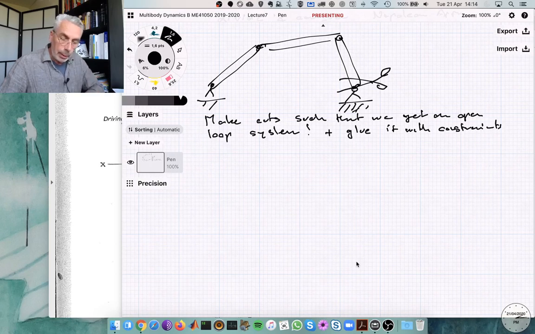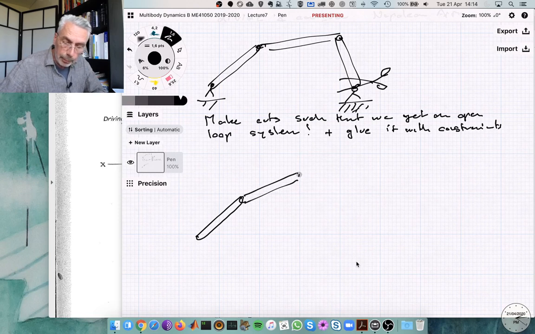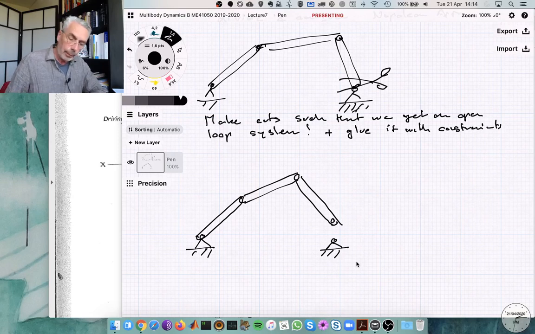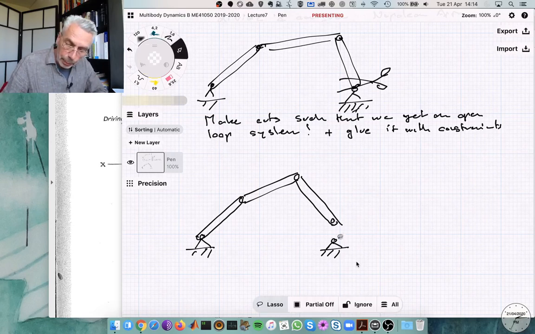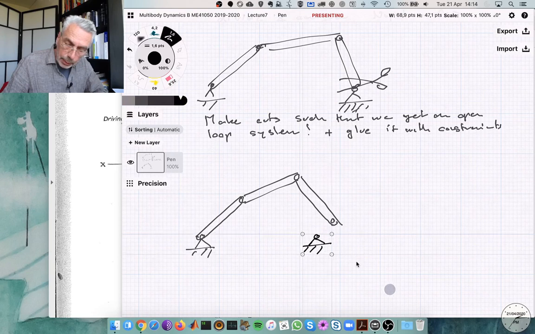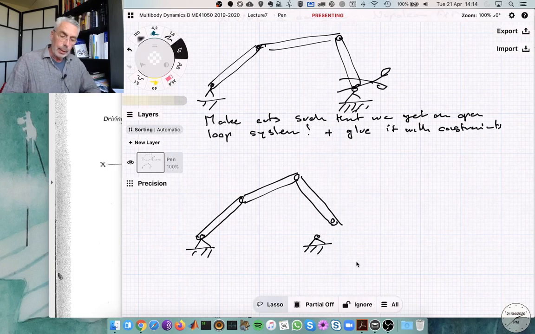So if we do that, then let's draw the figure again. We had this first bar, then the second bar, and then the third bar. And on purpose now, I cut it open, right? There's an opening here now. So I'll take this, put it like here. So there's clearly an opening there.